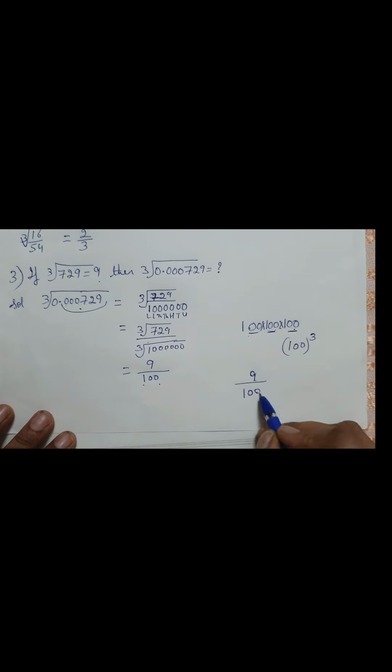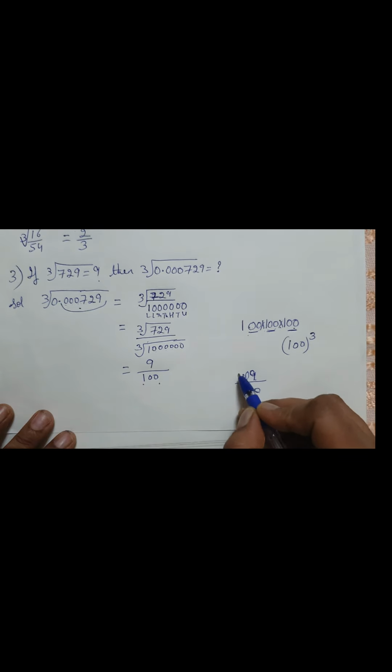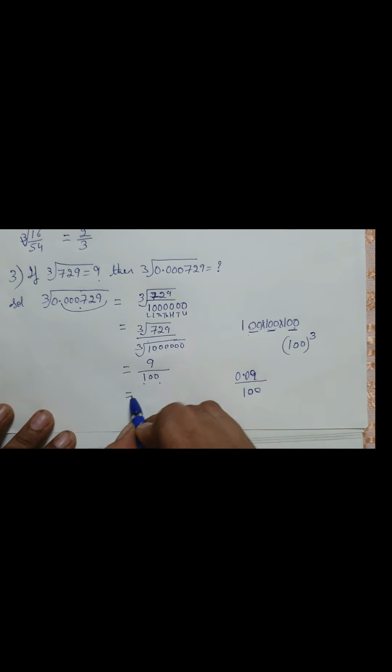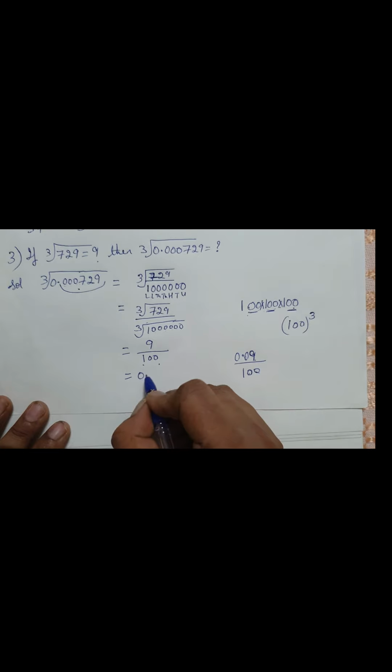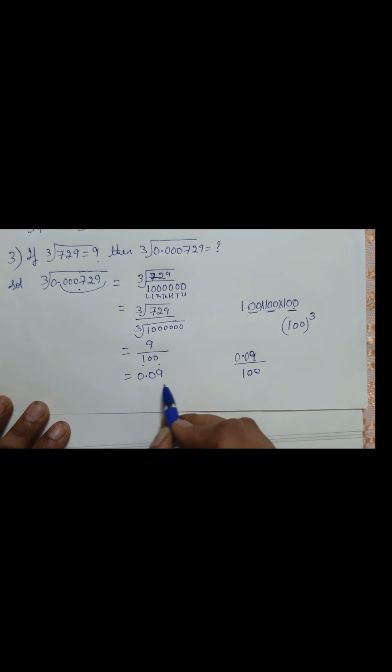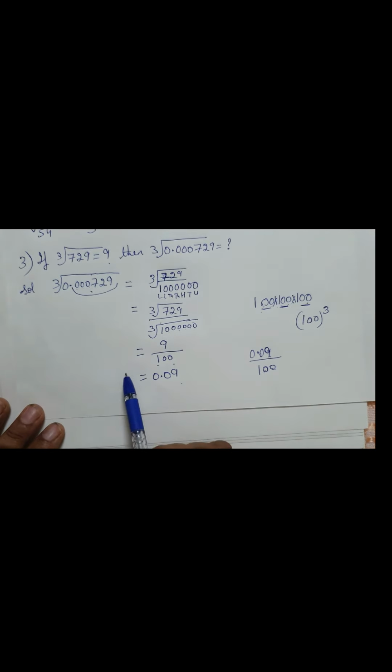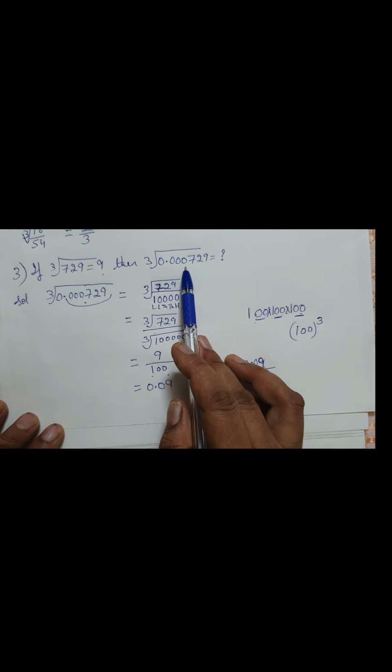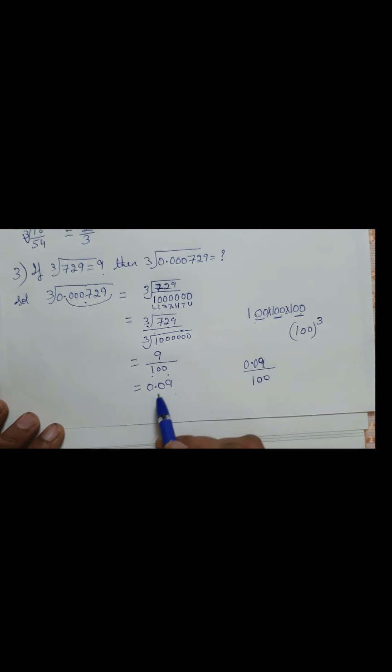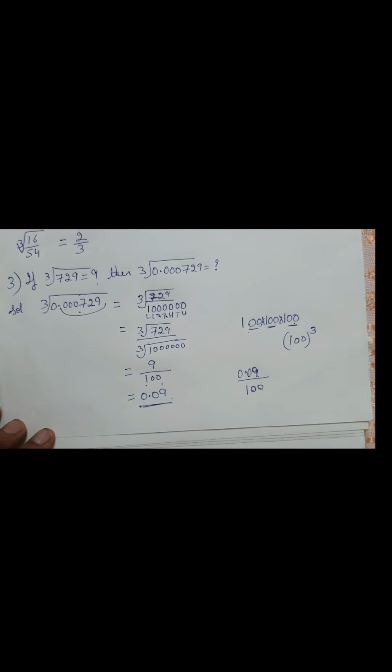So here it is 2 zeros. So here it has to be 2 numbers. So 1, 2 and this decimal point 0. So our answer is 0.09. This is our final answer. So cube root of 0.000729 is equal to 0.09.